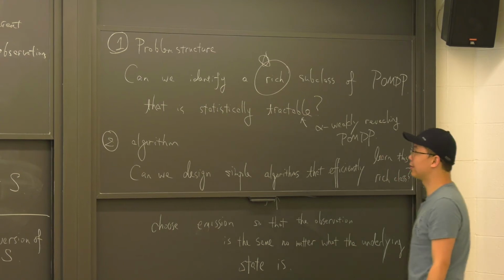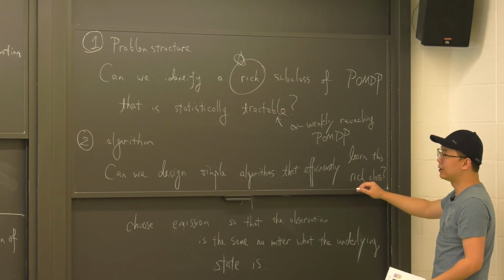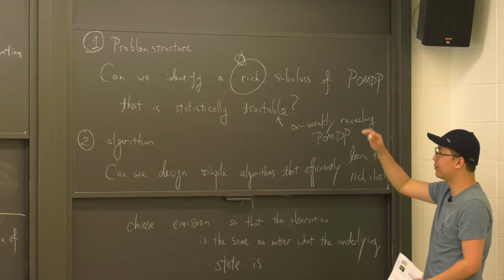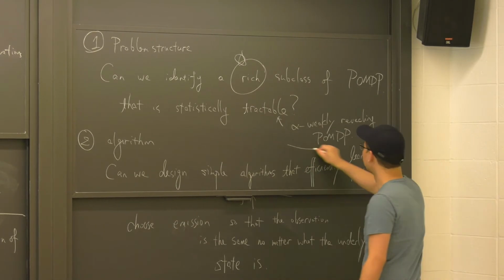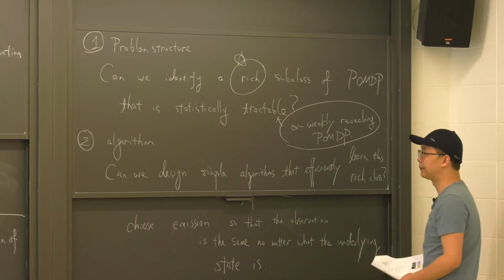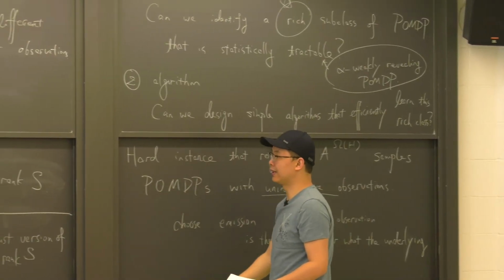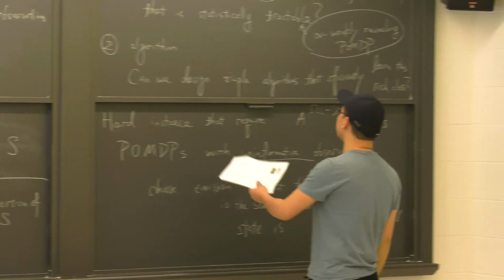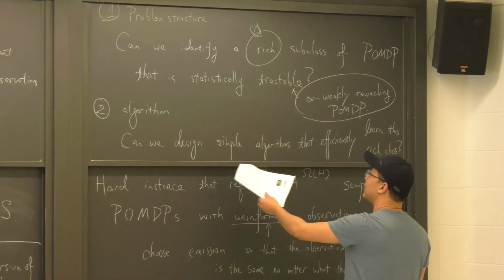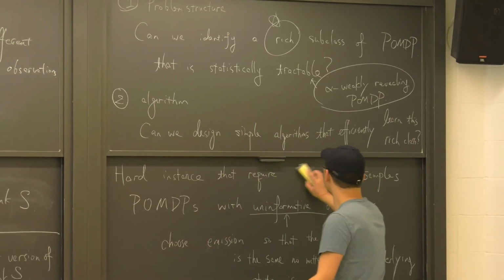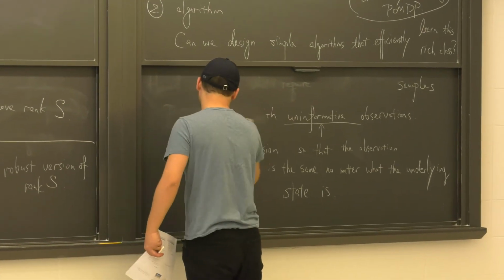Of course, so far we haven't proved it's statistically tractable, so we will use the algorithm to show we can learn them in polynomial samples, and that's why it's statistically tractable. So now we have a candidate answer for the first question. We will design an algorithm to answer the second question and also the second part of the first question, that it is statistically tractable.